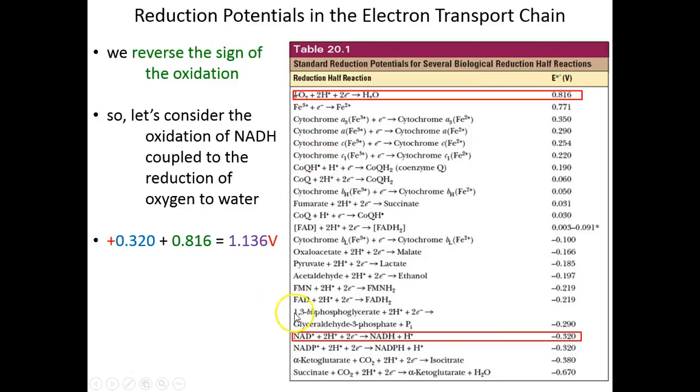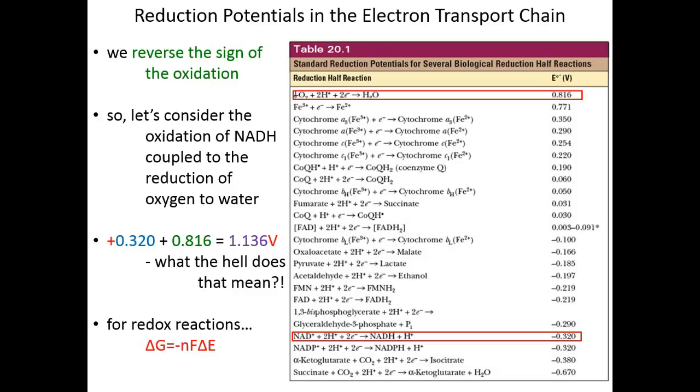And let's combine it with NAD being oxidized, so we flip this value to its positive form. We're essentially saying the oxidation of NAD coupled to the reduction of oxygen has a total value of 1.136. Great. What do we do with that?